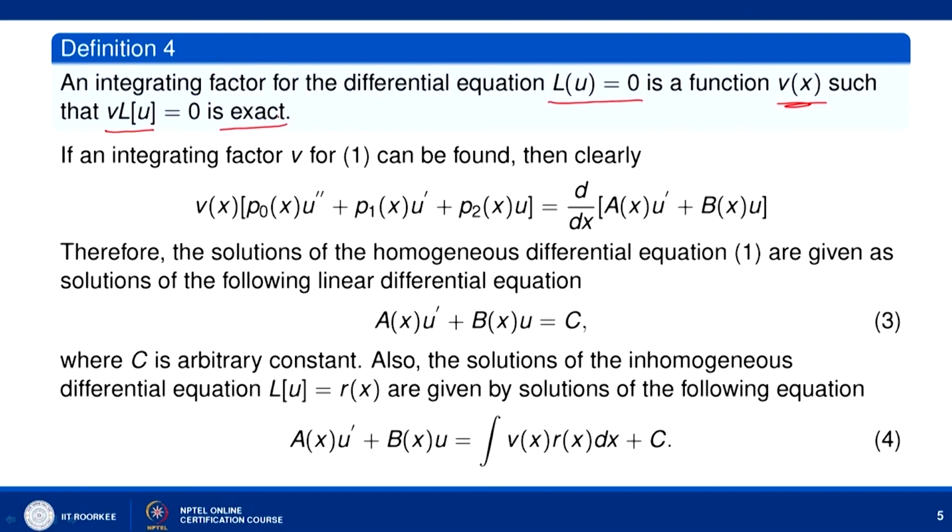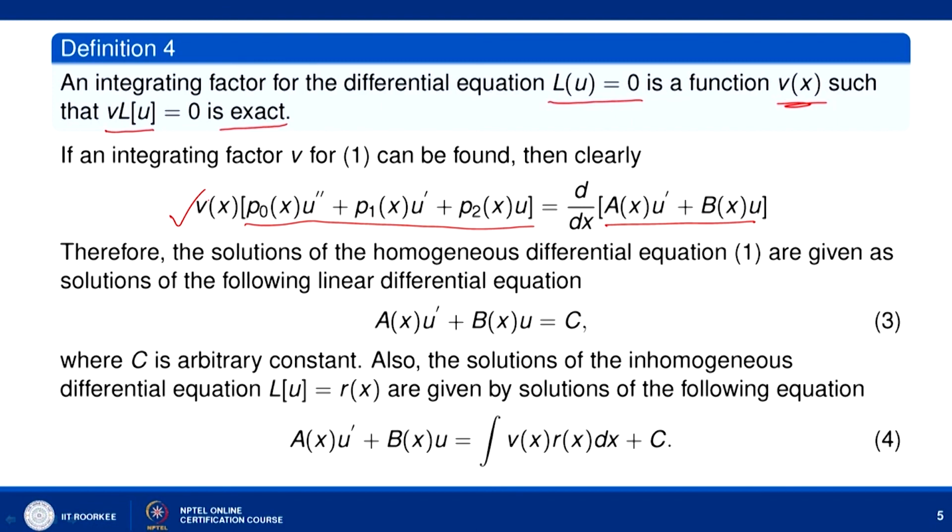So, how can we find this function V of x? If you look at it, by multiplying by V, this must be an exact differential equation. It means that V of x into this part must be the exact derivative of some differential form of one order less, that is d by dx of a x u dash plus b x u, and by solving this we can find the function V of x such that V Lu is an exact differential equation.